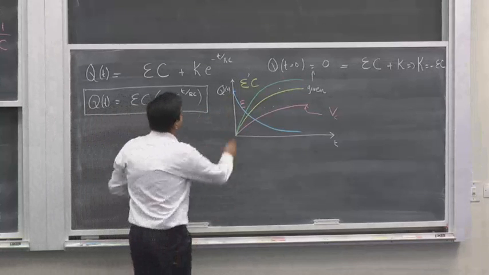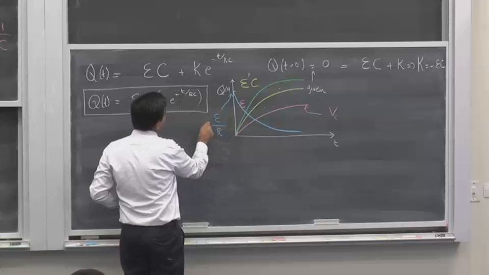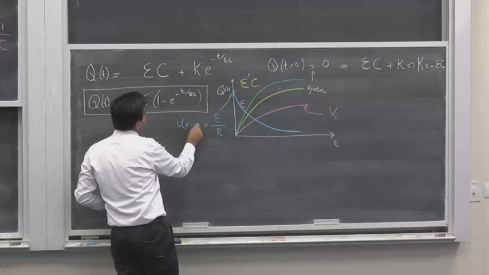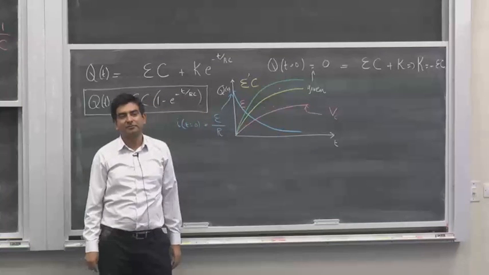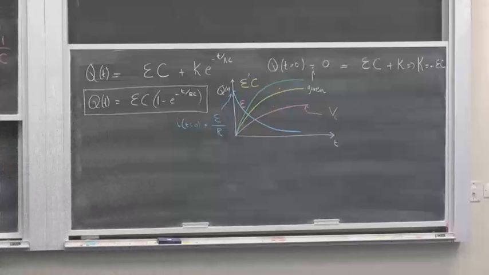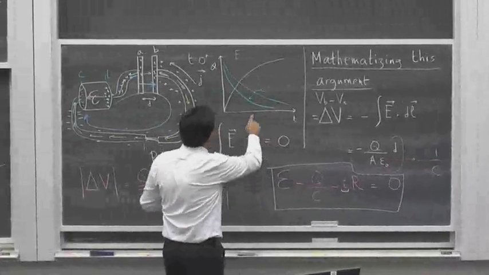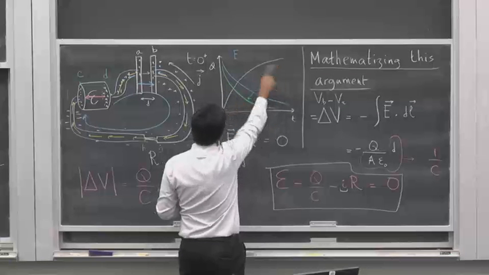Initially, the current is going to be equal to E over R. This is the current at time t equals 0, and then it's going to decay exponentially. So this is the charging of a capacitor, and this actually matches the graphs that I've drawn here. This is the current, this is the charge, this is the voltage.